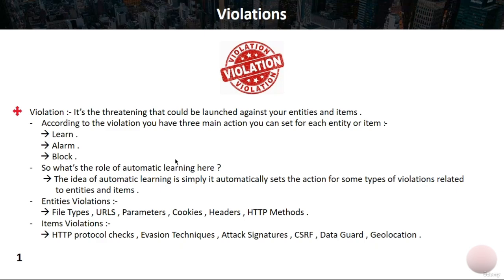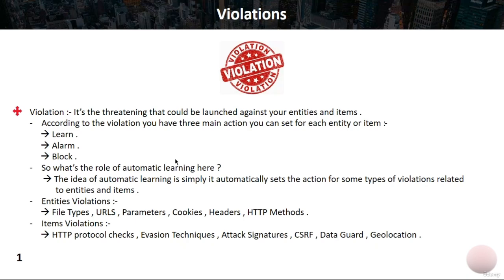And the violations that will be configured for these automatic learning methods depend on the type of the template. So for example, the fundamental template will enable some actions for specific violations, where for example the comprehensive template could enable all the violations for all the entities and items, so it will provide you the most possible protection for your web application.